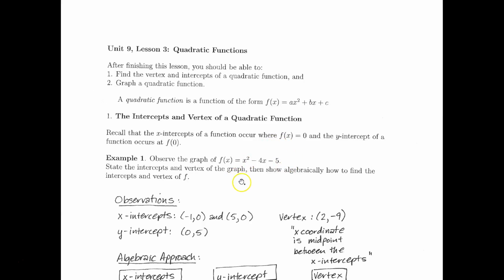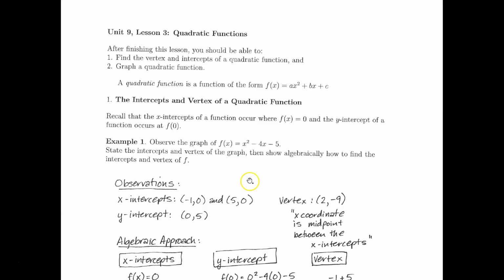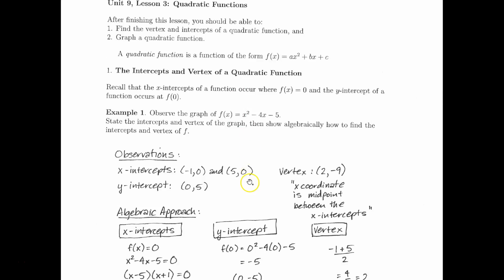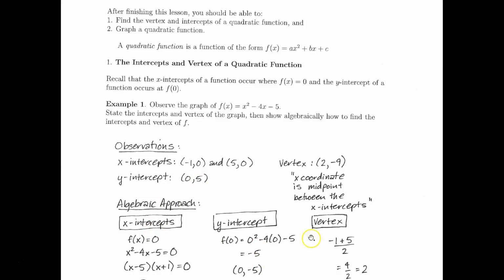What we observed from the graph of that function is that when f of x was equal to 0, we found that negative 1, 0 and 5, 0 were x-intercepts. And when we let x equal 0, we found that we have a y-intercept of negative 5.